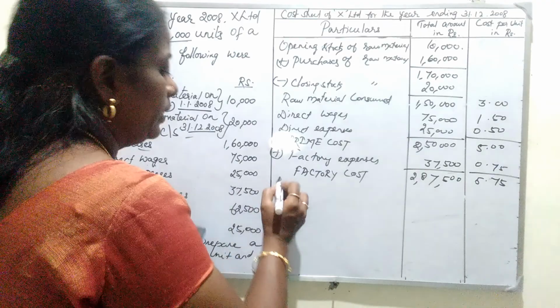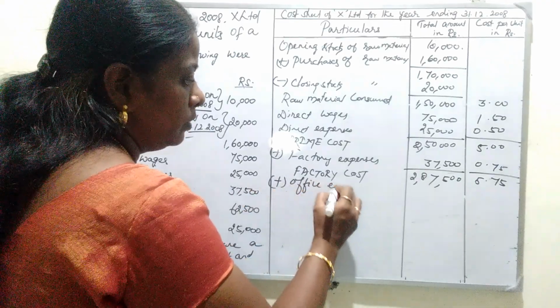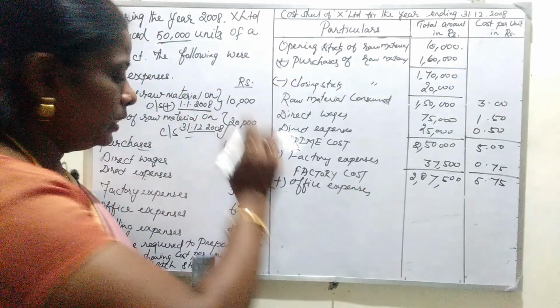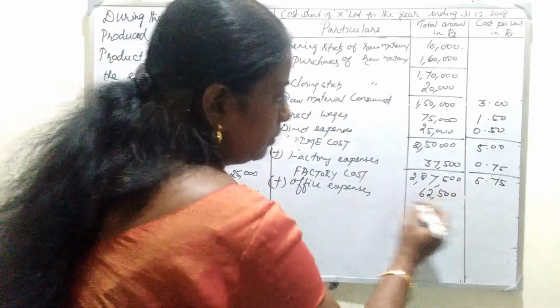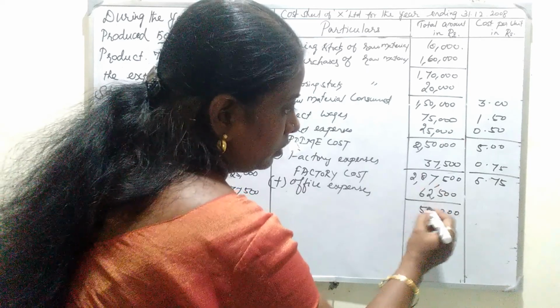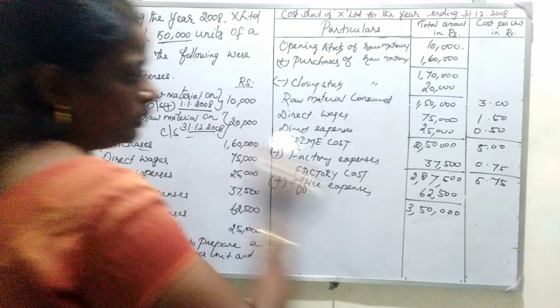Next we have to add the office expenses. The office expenses value is 62,500. We add this, that is 3,50,000.